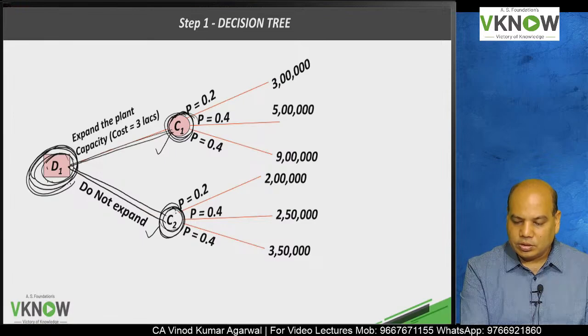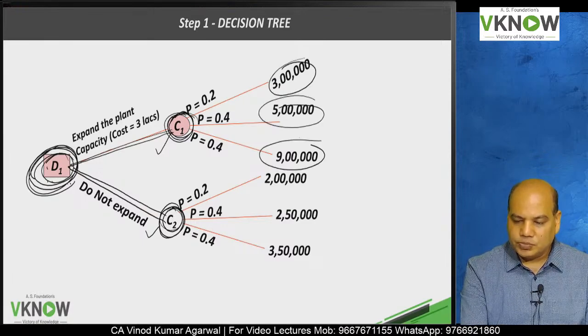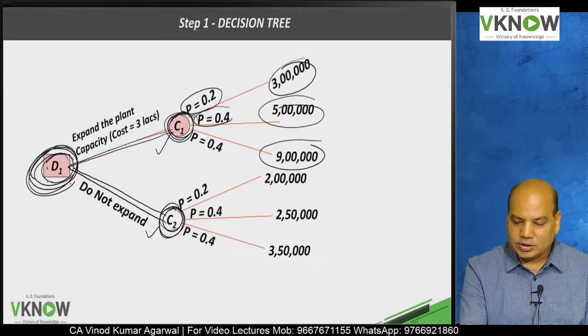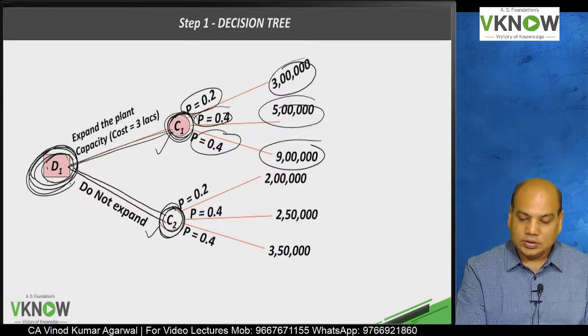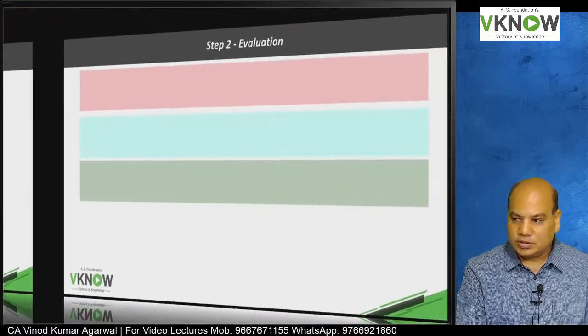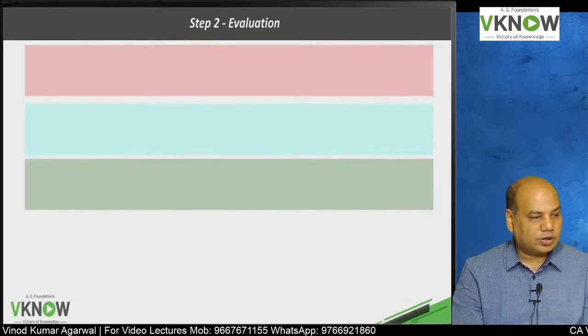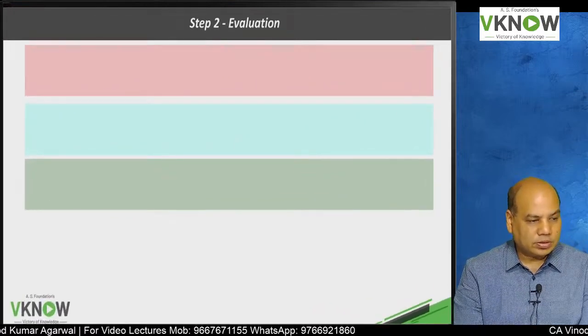Value of C1 will be expected value, which is the sum of the product of probabilities into their respective values. Is it right? So now let us put it in simple words. Step 2 evaluation, please follow me.